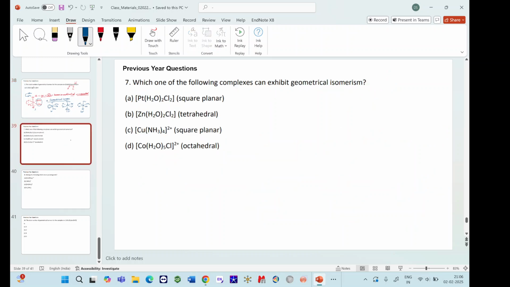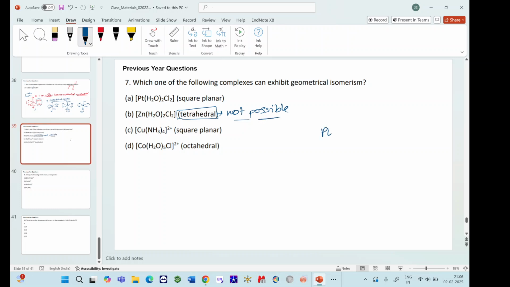We go to the next one. This question is, which one of the following complexes can exhibit geometrical isomerism? This is a similar kind of question. One thing is that in tetrahedral complexes, geometrical isomerism they cannot show. So we are left with the option for square planar.